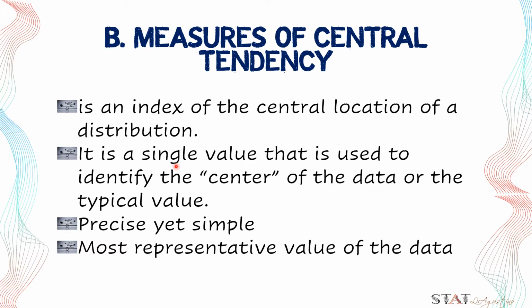Just by giving a single value, you can already identify the center of your data. It is the most representative value of that data. We usually talk about this even in our conversations, our personal transactions, and business transactions. Someone would ask you, what do you think is the price of a laptop these days?